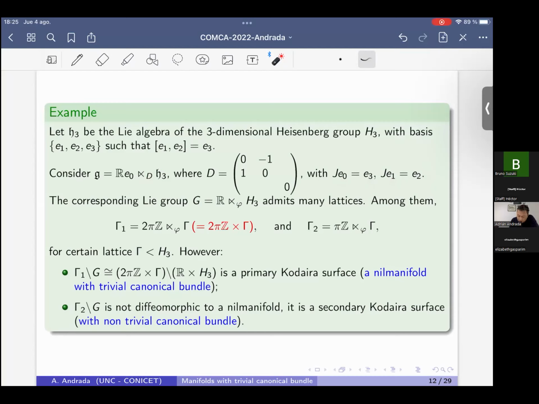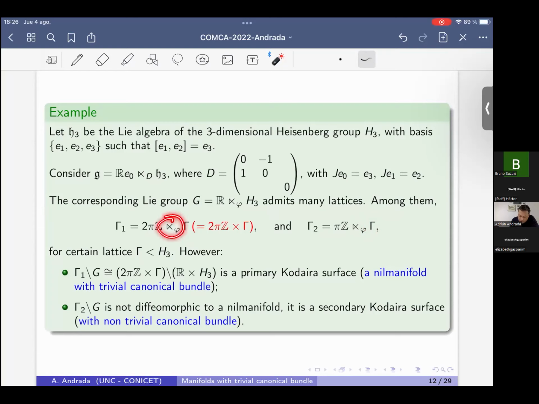The corresponding Lie group has this form of a semi-direct product, and it has many lattices. Among them, we can find one which is called gamma 1, which is 2 pi Z times a certain lattice in Heisenberg, and gamma 2 is pi Z semi-direct product with the same lattice in Heisenberg.